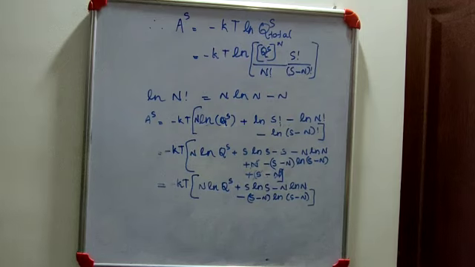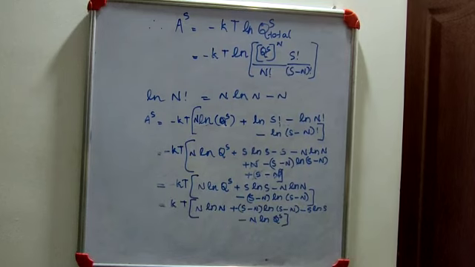In the next step, we are taking the minus sign from outside to inside of the bracket, that is, we are multiplying the bracket parameters by minus 1. So we get A equal to kT into n log n plus s minus n log s minus n minus s log s minus n log Qs.